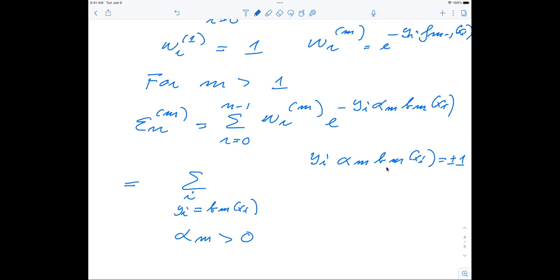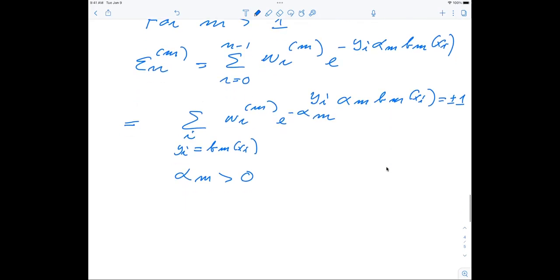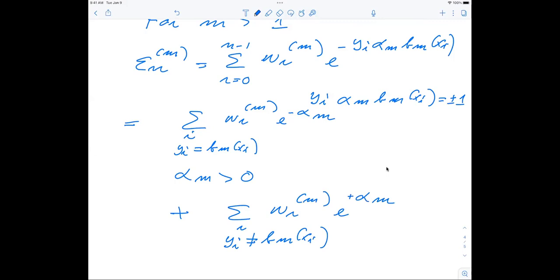Okay? So what you get then is the same parameter, w i of n, but then we have e to the minus alpha n, and then we have plus, and then we have a sum of i, but now y of i is different from b n of x of i, and that means I have my weights multiplied with e to the plus alpha m here.